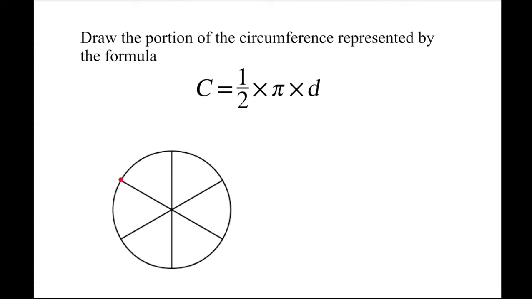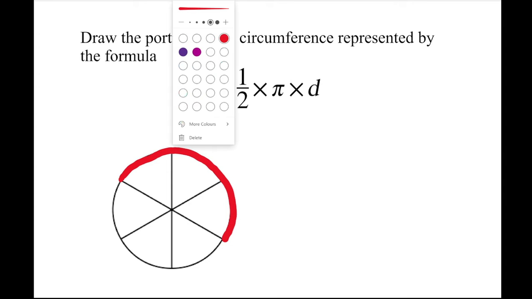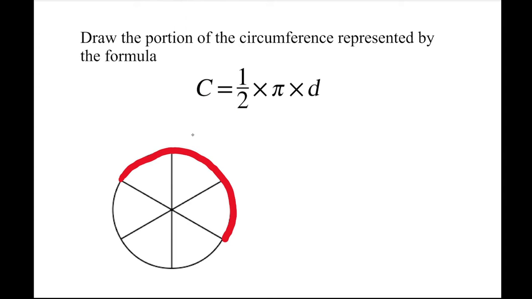Depending on how you do it, you may do it a different way, but you should be connecting that half of our circumference is represented by this formula. And again, because of this part right here, that half is telling us that we're calculating half of our circumference.